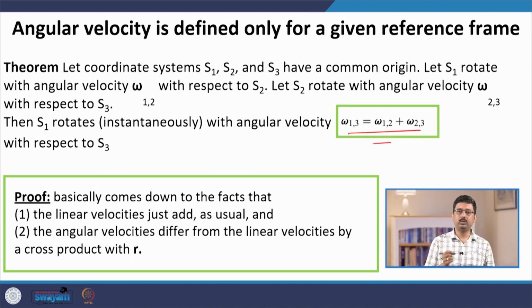We can start with the rule that V is equal to omega cross r, and then for the linear velocity V, you apply the relation for linear velocities, which just add, and then you can deduce this particular relation.